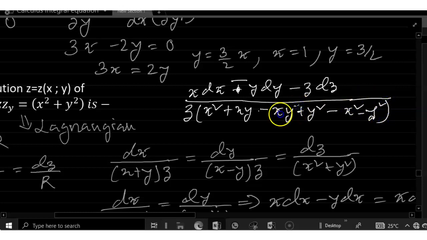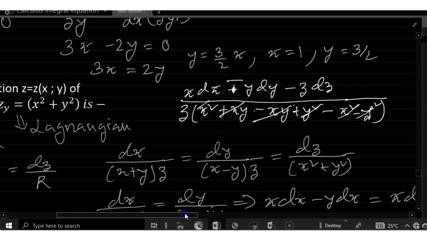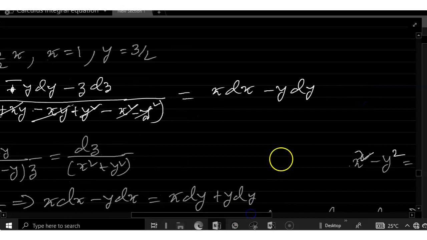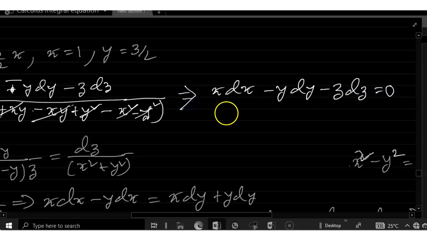So this portion cut, this portion cut. So x dx minus y dy. So the value is x squared minus y squared minus z squared equals to C2.